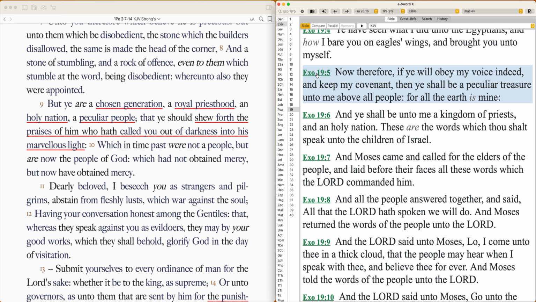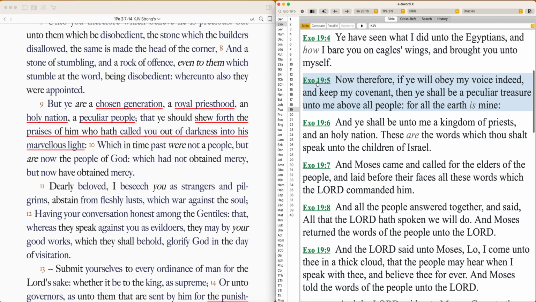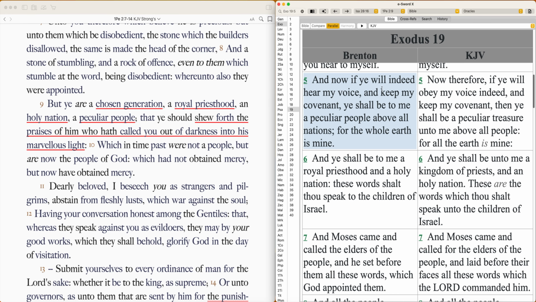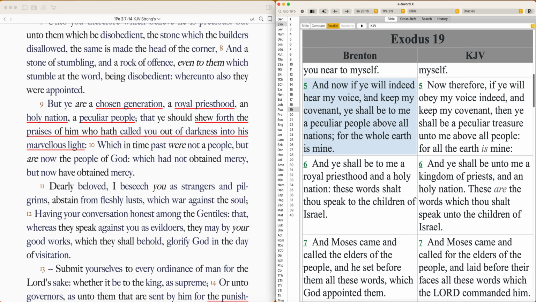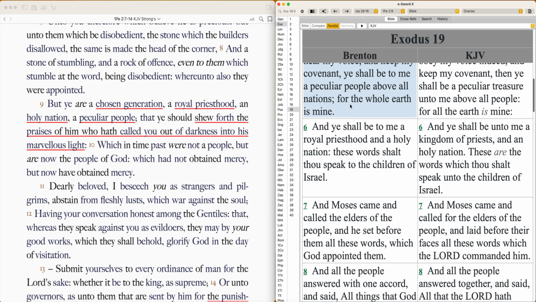But it doesn't look like it's saying that here in the Masoretic text, the King James Old Testament. But when you look at it in the Greek Septuagint, look at how it's written: "Now, if you will indeed hear my voice and keep my covenant, you shall be to me a peculiar people above all nations, for the whole earth is mine."